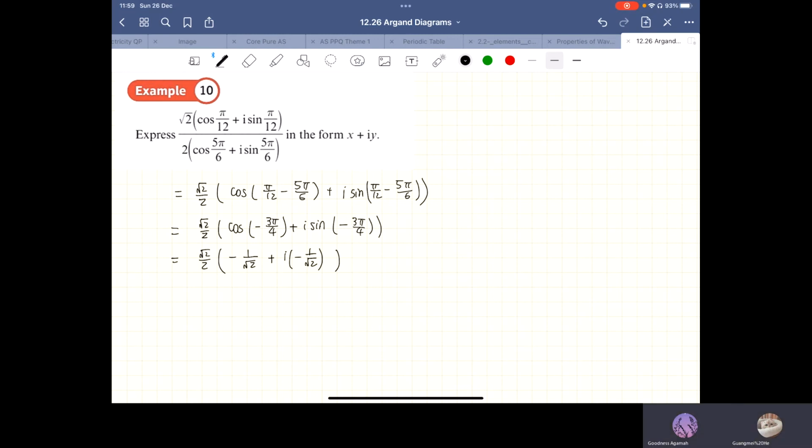Entering everything onto the calculator as you said. Or what you can do is convert it into degrees and find it without a calculator. So this one will be -1/√2.